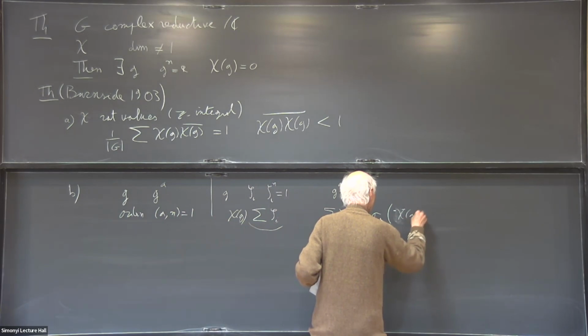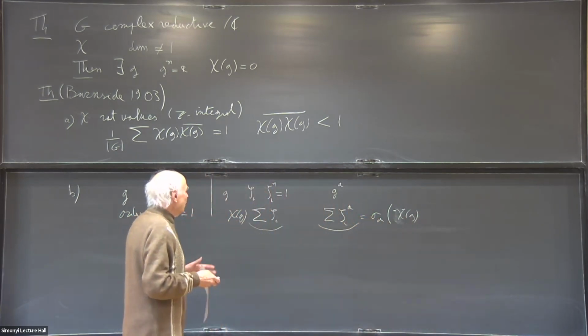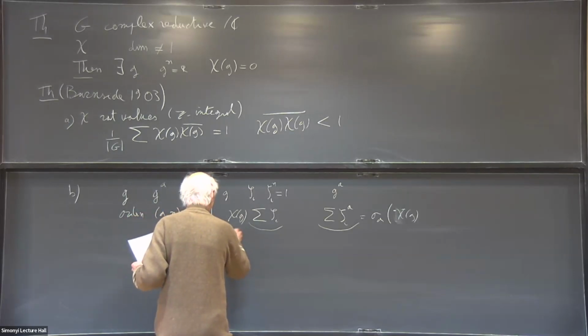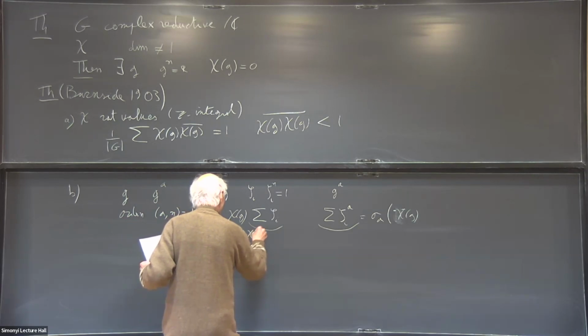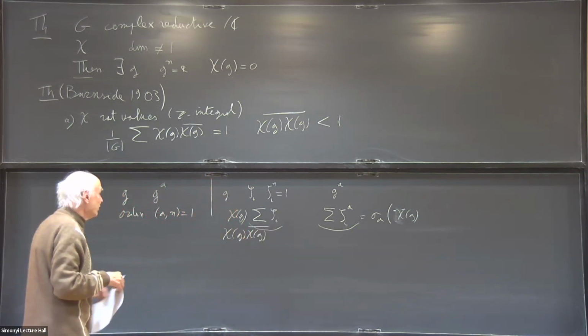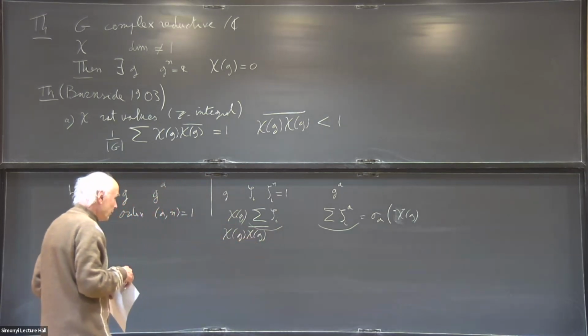Now, I have the same kind of statement for chi(g) times chi(g bar), and we just gain here that this is something positive.